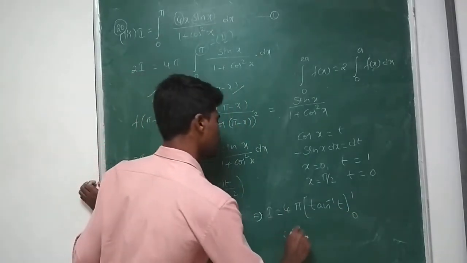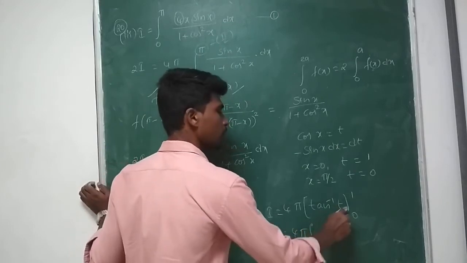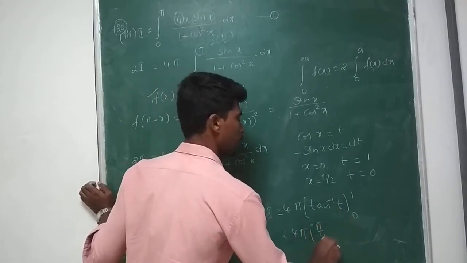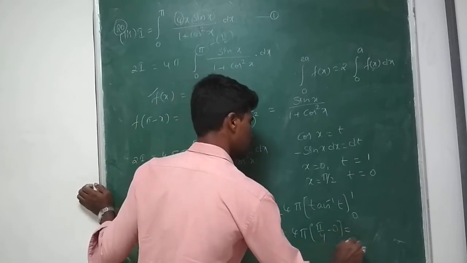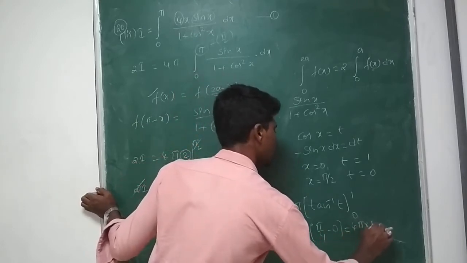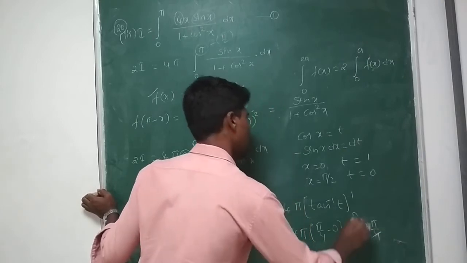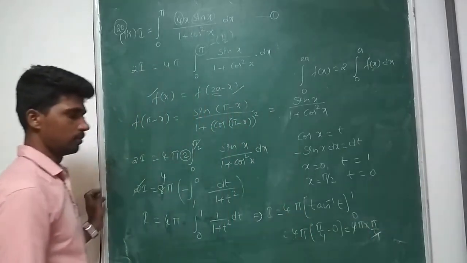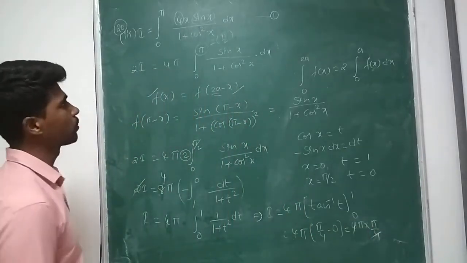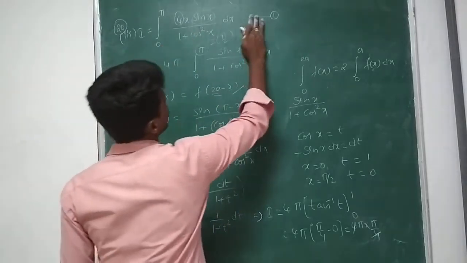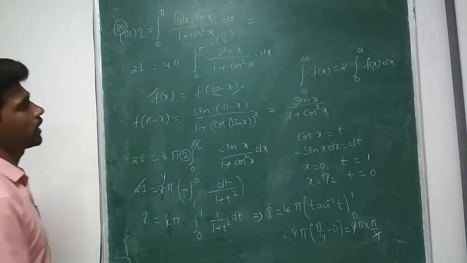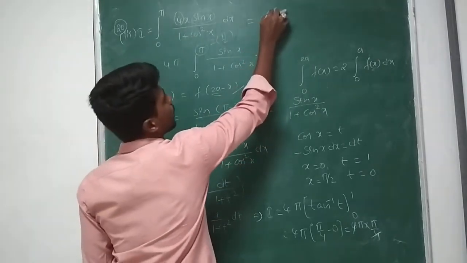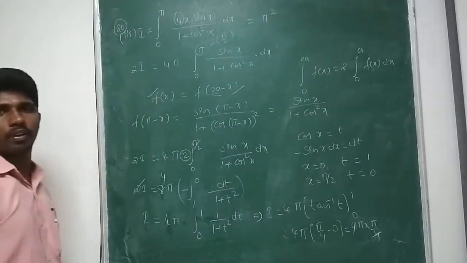So now I get 4 pi into tan inverse of 1, pi by 4, minus tan inverse of 0, 0. So now 4 pi into pi by 4, 4 and 4 get cancelled. I get pi into pi, pi square. So the integral of 0 to pi 4x sin x by 1 plus cos square x dx is equal to pi square.